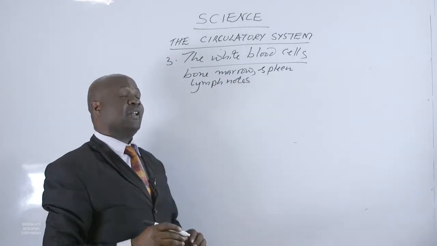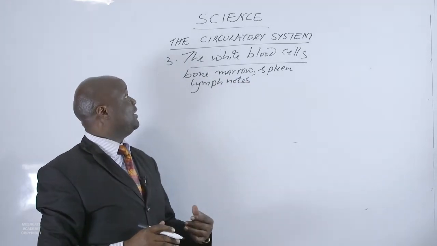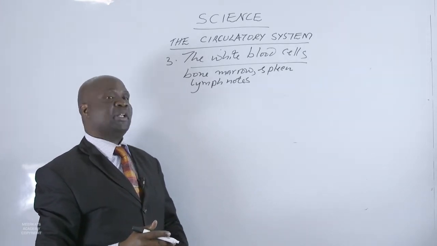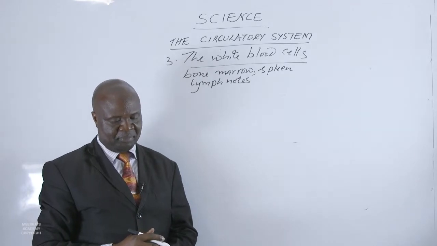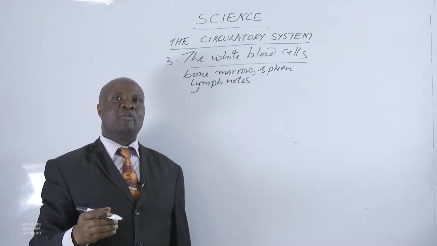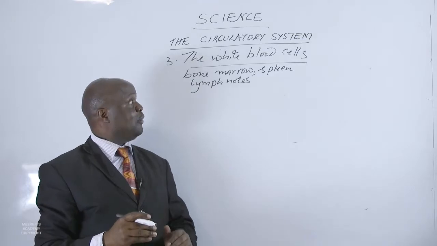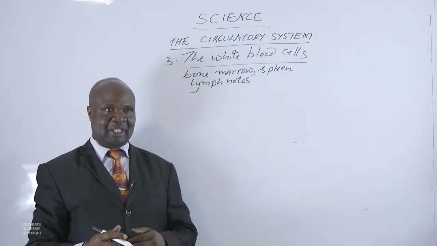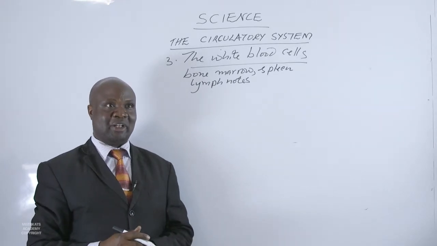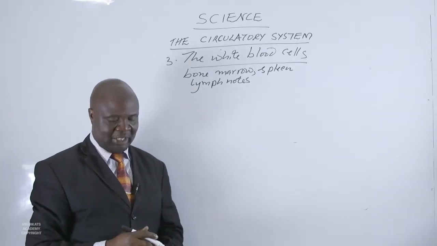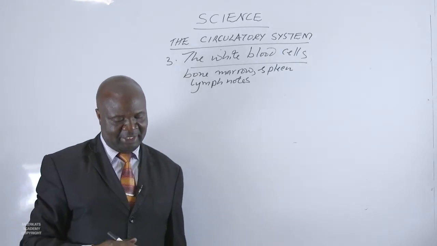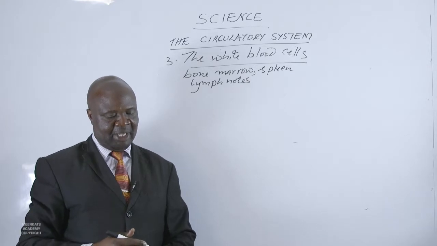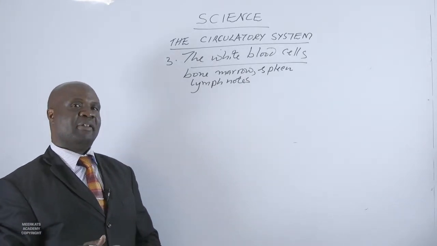So we can see the white blood cells are made in bone marrow, the spleen and lymph nodes. They are of irregular shape. The white blood cells keep on changing their shape, and they are larger than red blood cells.